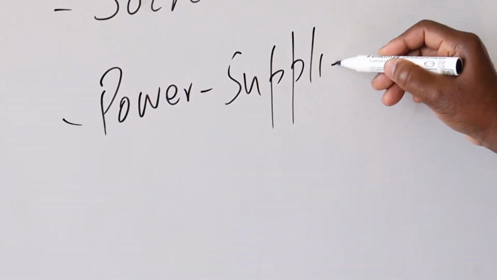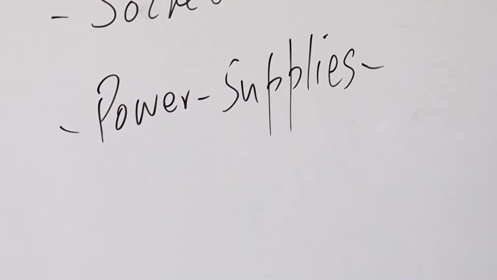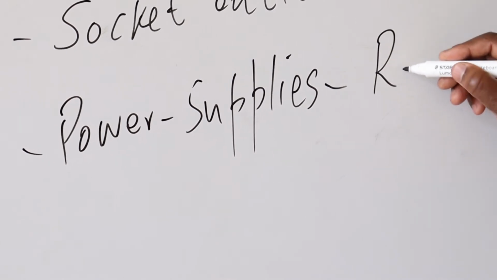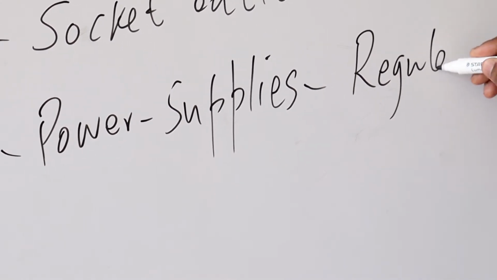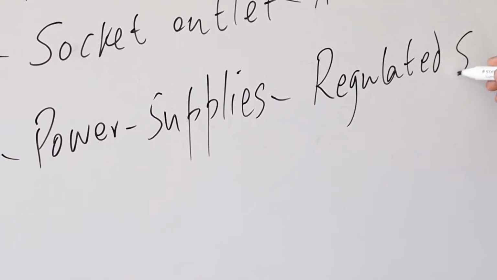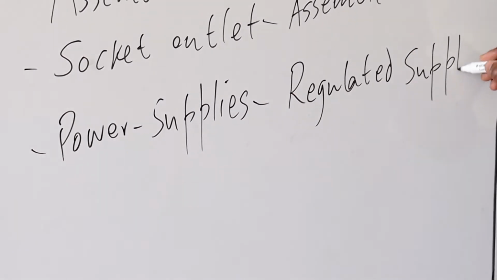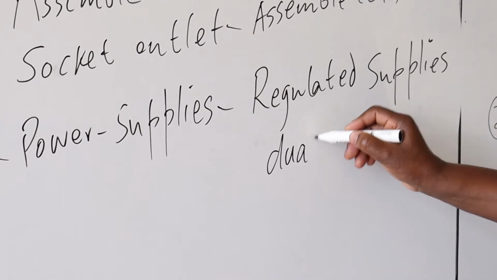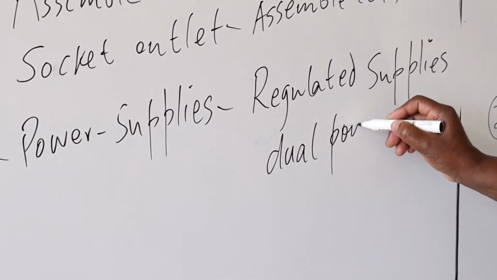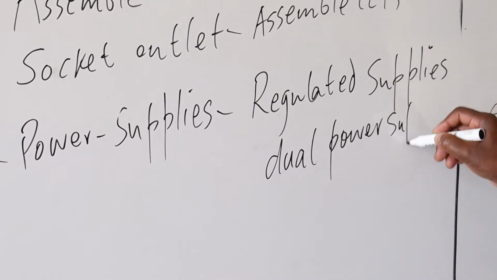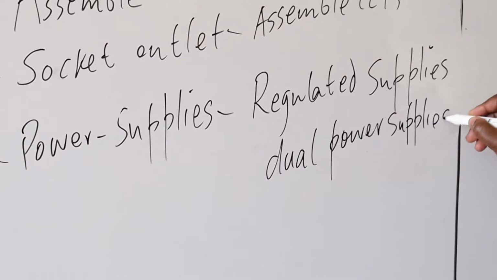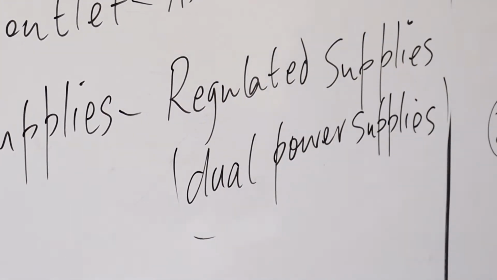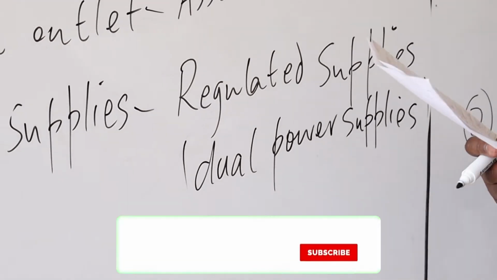So power supplies, and in the module 2 level, whenever a question of power supplies arises, you should know that we are dealing with regulated power supplies, including dual power supplies as well. Now these are, again, circuits you should be able to assemble.